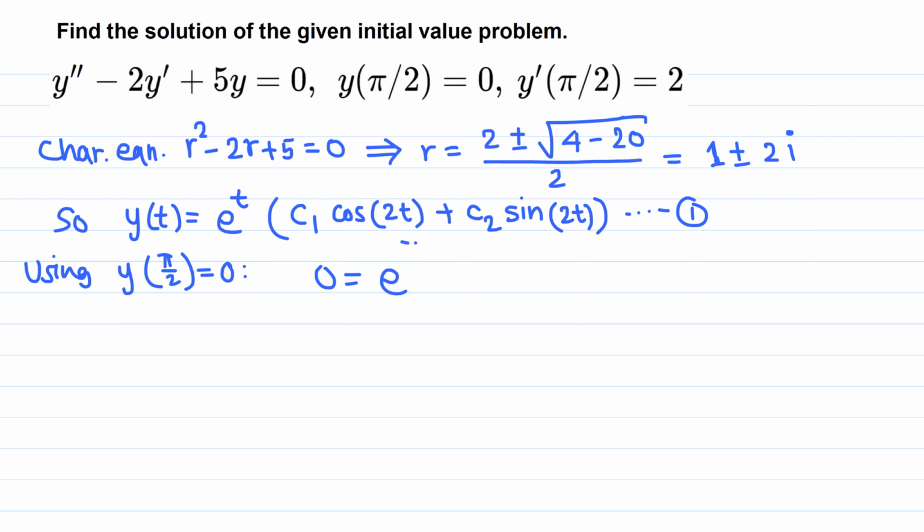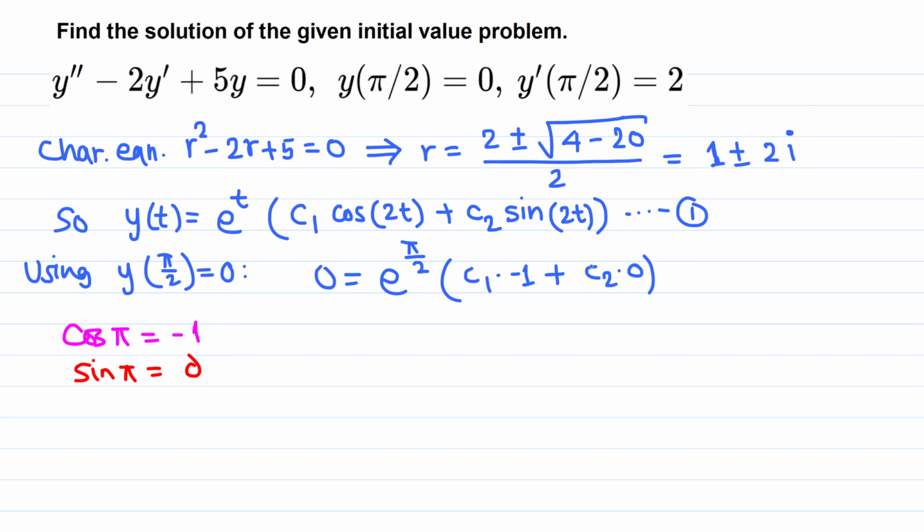So e raised to pi over 2, this is a decimal number anyways, times c1 times cosine 2 times pi over 2. 2 times pi over 2 is pi, so we got cosine pi, and cosine pi is -1. So times -1 plus c2 times sine 2 times pi over 2. That's sine pi, and sine pi is 0.